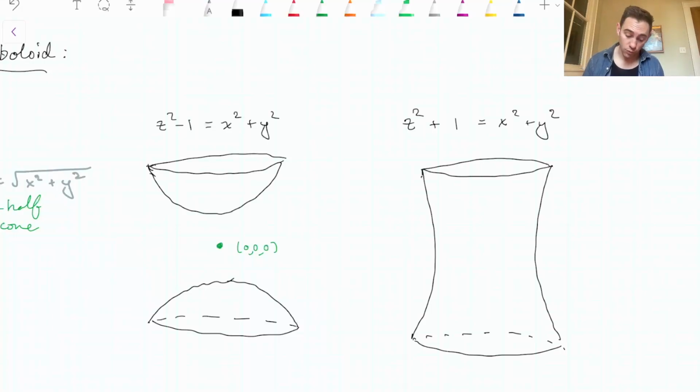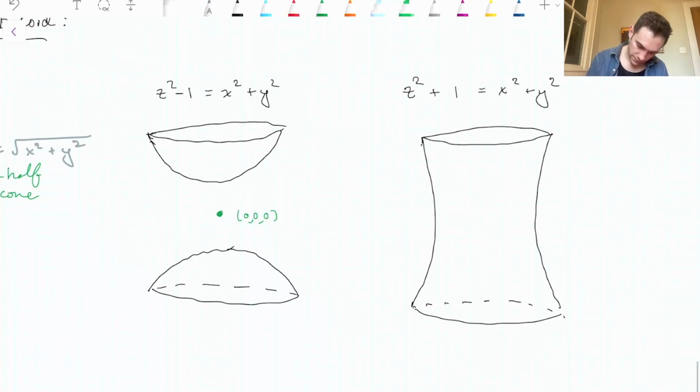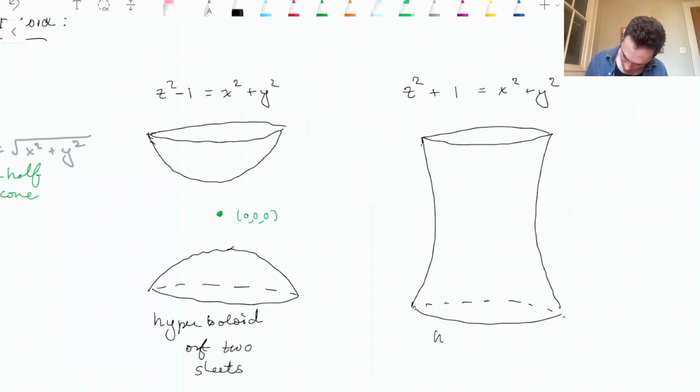This is the hyperboloid of one sheet. Hyperboloid of two sheets. Hyperboloid of one sheet.